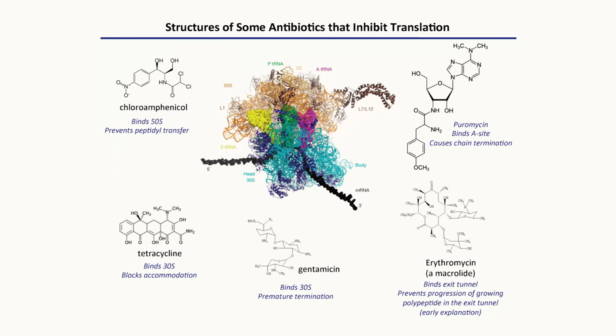Tetracycline binds the 50S and blocks accommodation. Gentamicin binds the 30S, causes premature termination. Erythromycin is a macrolide that for a long time has been thought to block exit of the polypeptide because it binds in the exit tunnel, but there's some new recent work suggesting a revision to that mechanism here.